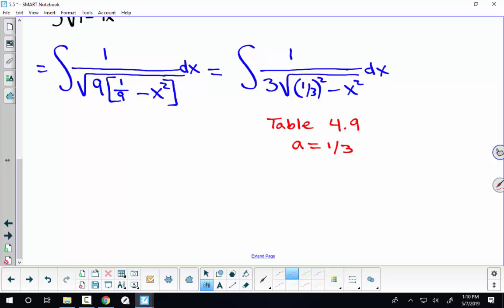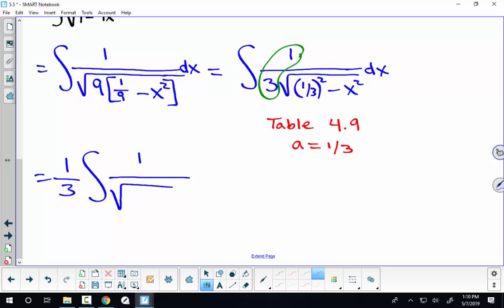It was like number 10 or 11 or something. But anyways, notice this 1/3 right here is the constant. So really that 1/3 is sitting out in front of the integral of 1 over the square root of 1/3 squared minus x squared.